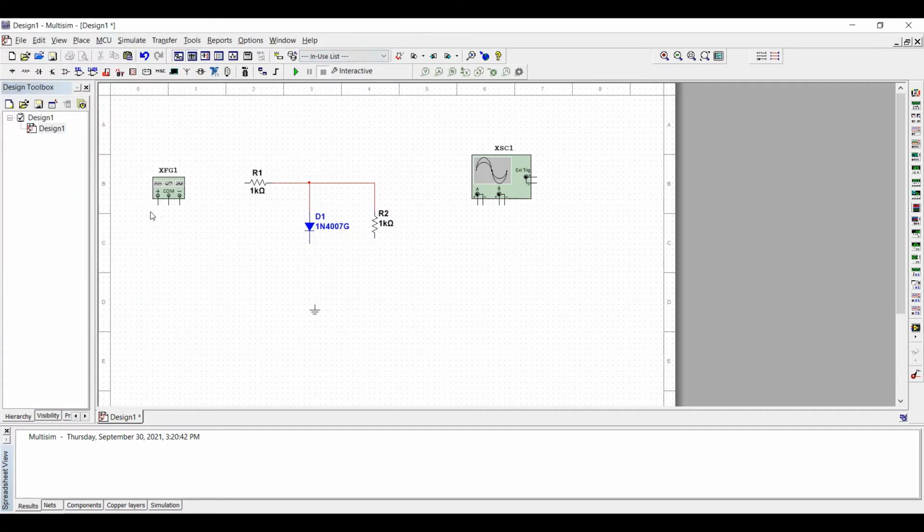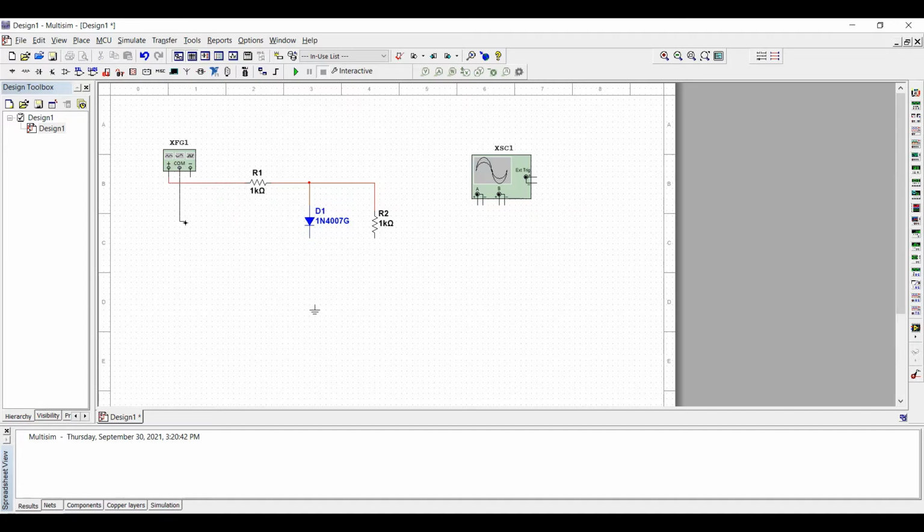Now positive of the function generator is connected to your resistance R1. Function generator is nothing but you are giving the input from here. So connected to your resistance R1. Negative of it will not be connected. You will be connecting the common terminal of the function generator.